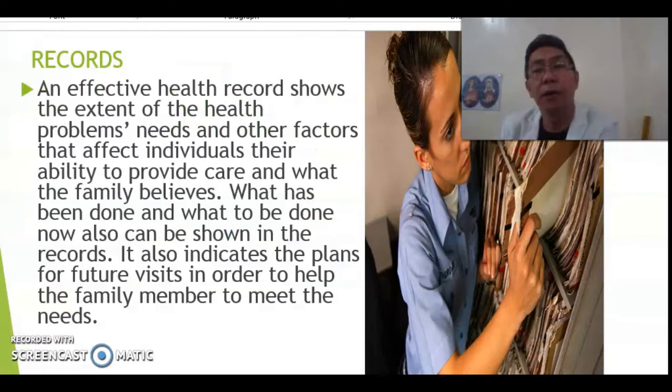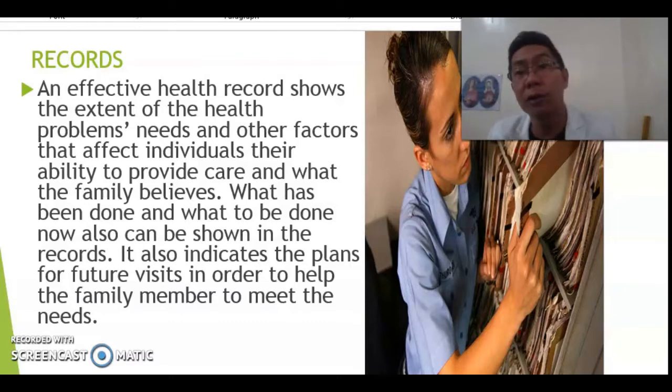All right. So as we all know, records are effective health records, which show the extent of the health problems, the needs of our clientele, the family, and of course other factors that affect individuals, and how these will show their ability to provide care and what the family believes in, and how they are going to deal with the problem.